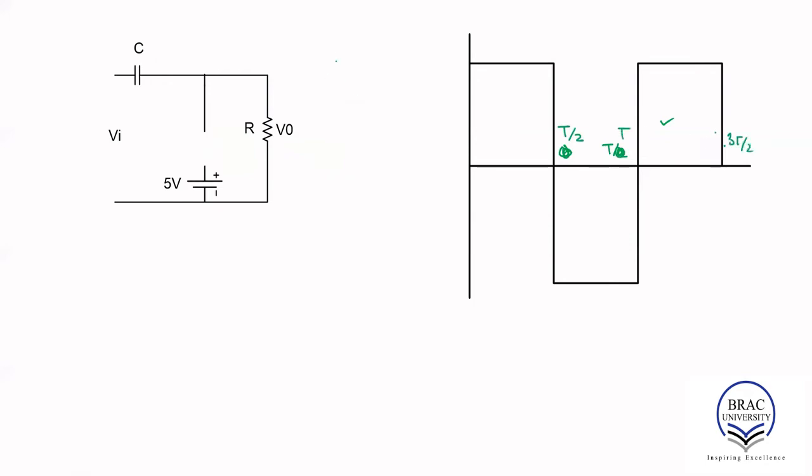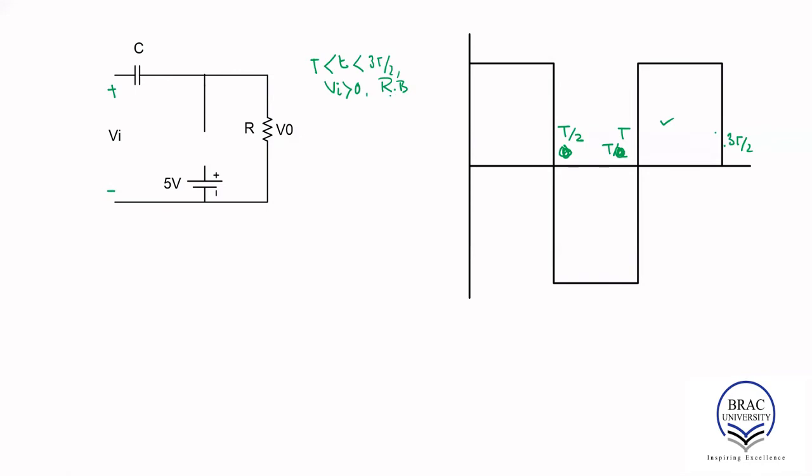That means when t is greater than T by 2 and less than 3T by 2, we have Vi greater than 0, but in that case, the diode is reverse biased. So this is our polarity.